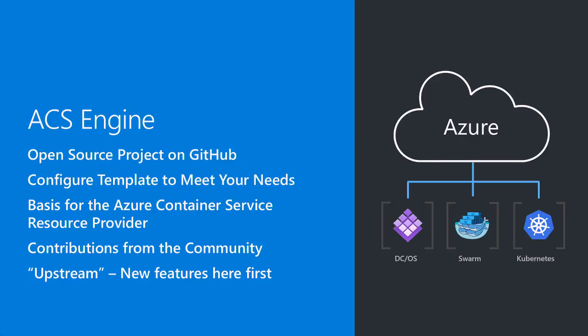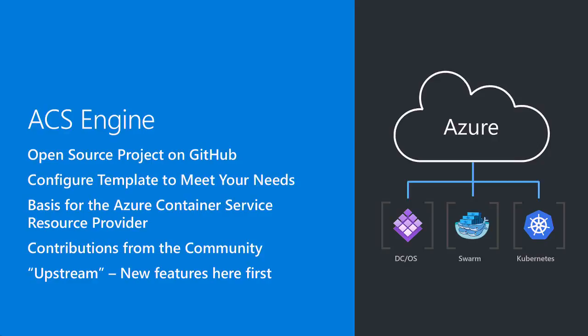I think Kubernetes is on Ubuntu 14.04, so if you want to use a different operating system, this is where you would leverage the ACS Engine open source project to deploy your own customized version of Azure Container Service. Configure it to your needs, you can contribute, and this is where you'll see new features land first.